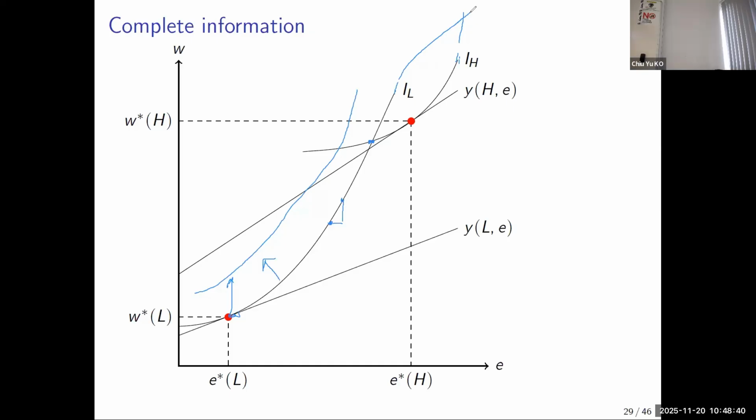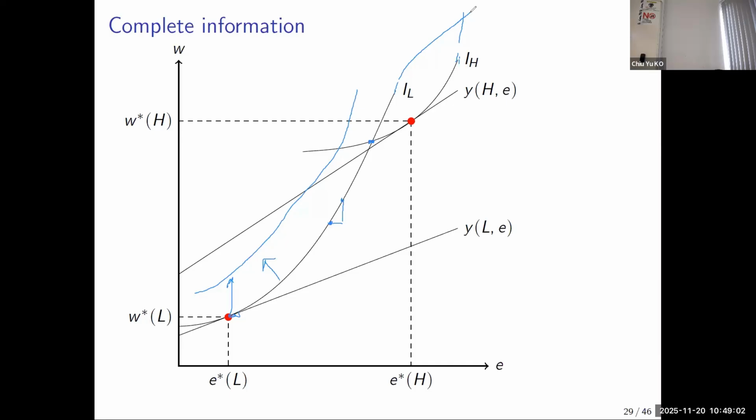Why? Because when they cross, it must be the case that the high type is faster, and then it must go slower than the low type afterwards. So they cannot cross more than once.